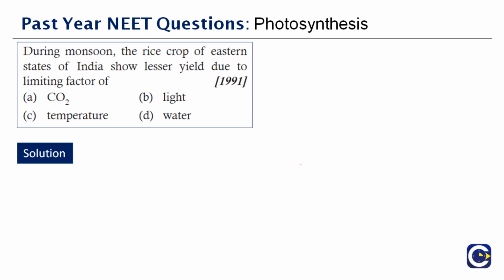C3, in the earlier question we saw maize, corn, all these are C4 plants. C3 plants actually require a minimal amount of light. So the yield slowly decreases due to the lack of light, according to the law of limiting factors given by Blackman. So who gave it? Blackman.